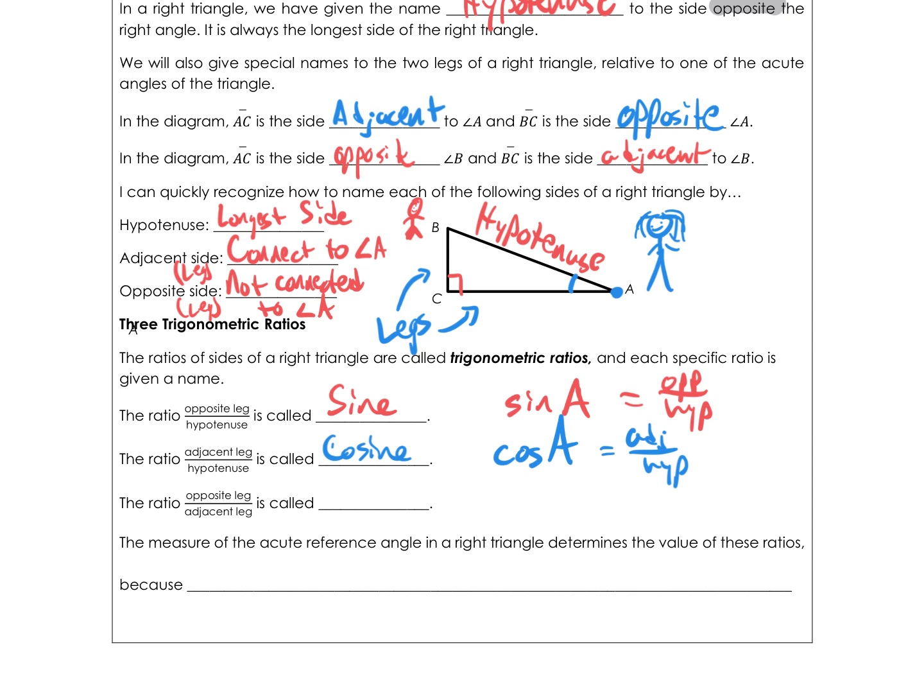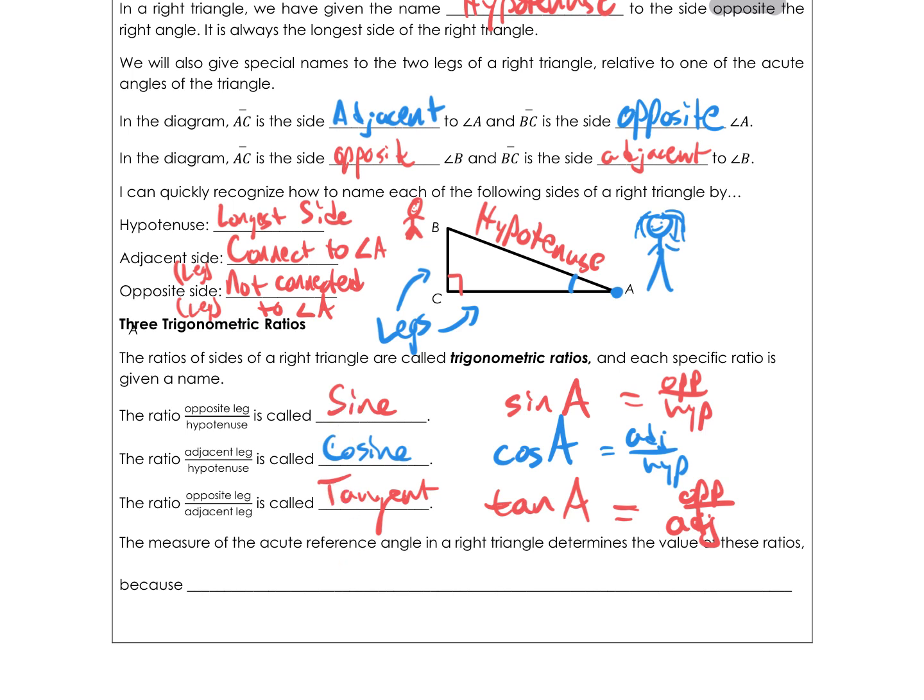So the tangent is the ratio of the opposite leg over the adjacent leg. We abbreviate it tan, T-A-N, of angle A, and that is the opposite over the adjacent. All right? So these are our 3 very special ratios that we're going to be using: sine, cosine, and tangent.